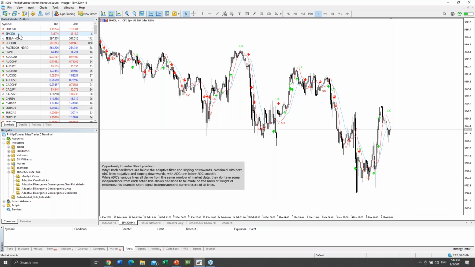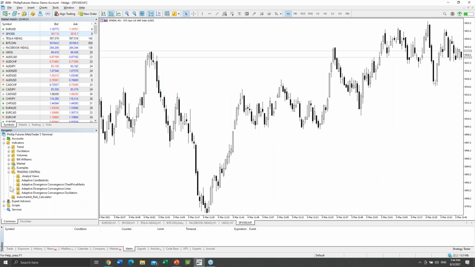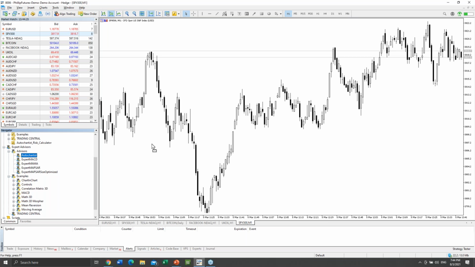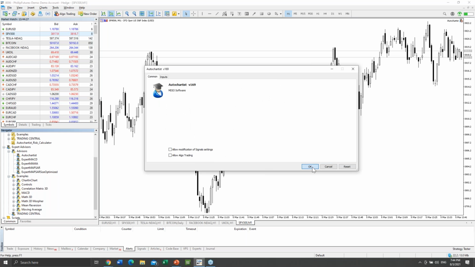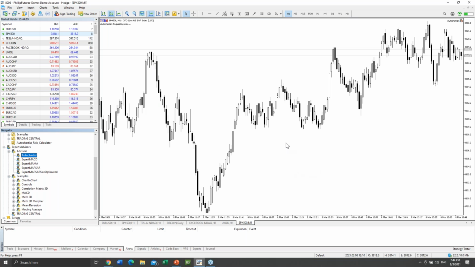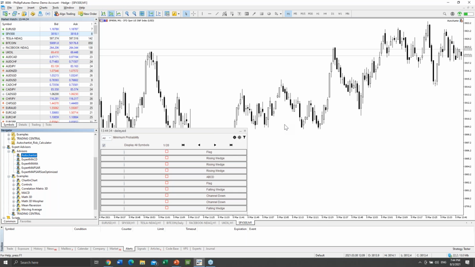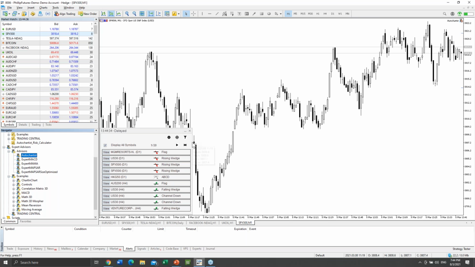Let me just open another chart here and show you another example of what we have. Autochartist over here is an extremely powerful market scanner that looks out for chart patterns. In a minute, once it's populated, we will be able to see one.